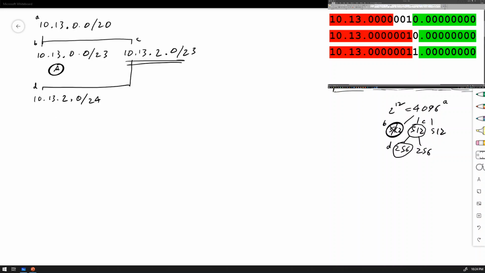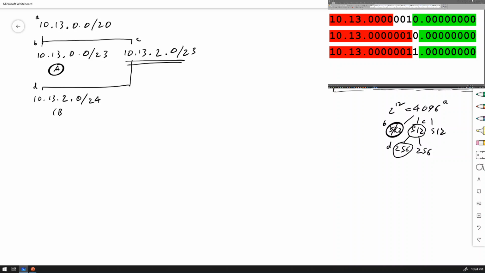I have a block of 256 and the client needs 256, so I'll give this to B, and it's given to B, and then I have another 256. I'll name it E. So I have E, and E was extended from C, so I'll just bring it from here. So 10.13 dots. So let's see what happens on the third line.